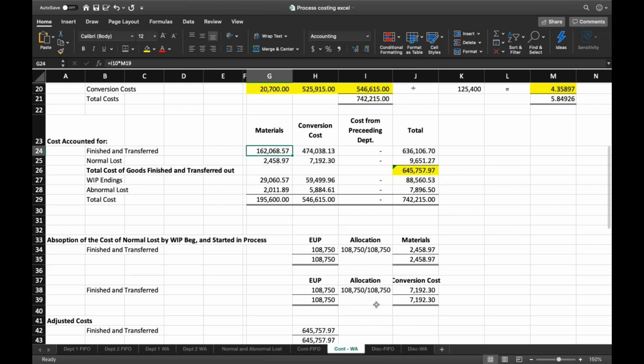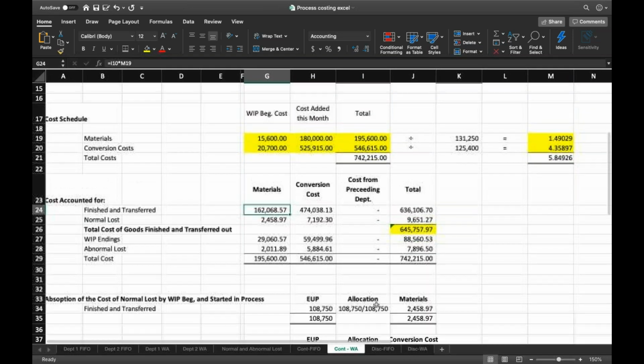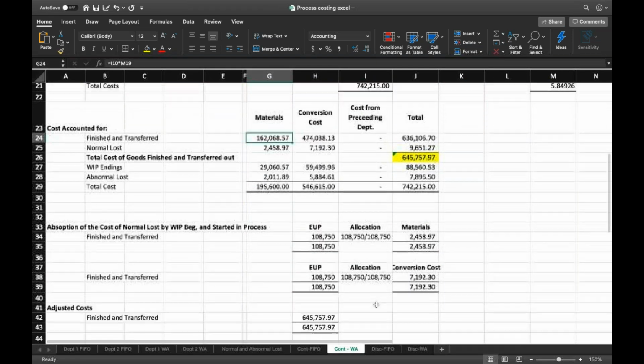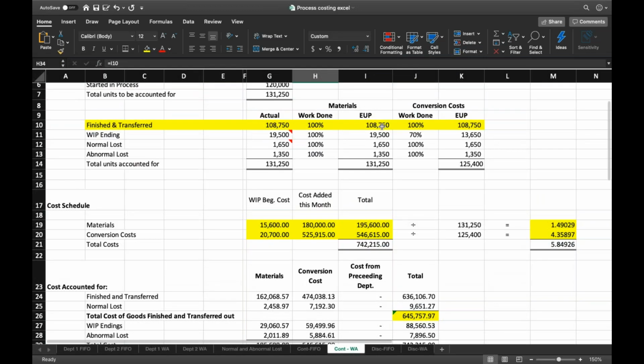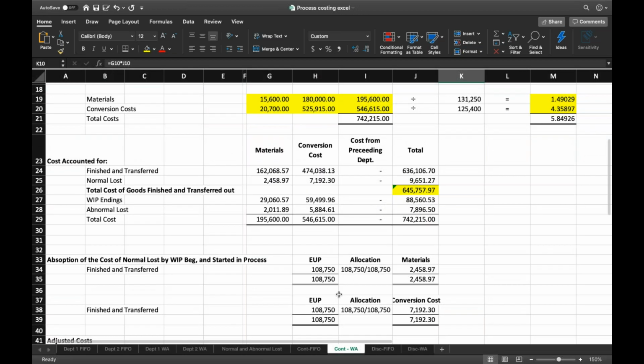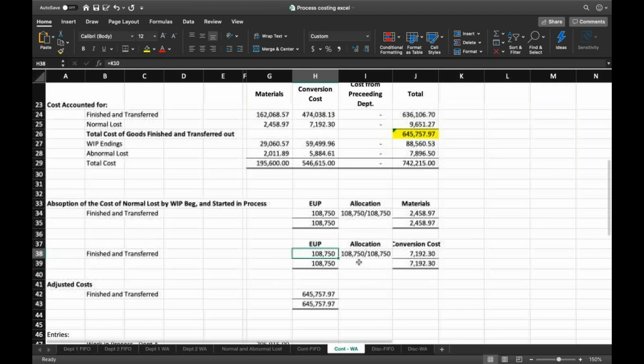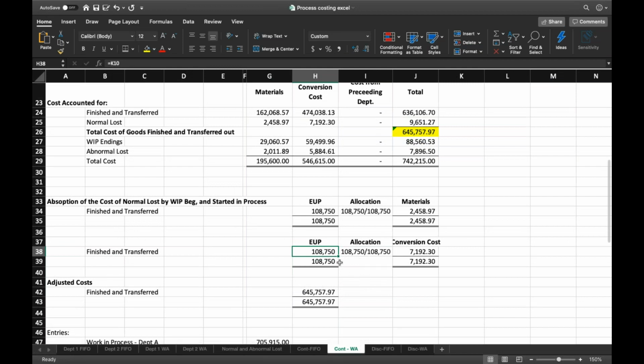Yes, 108,750. Okay? EUP of materials is 108. EUP for conversion cost is 108. So tandaan mo lang yung allocation natin, ang ginagamit natin yung EUP.